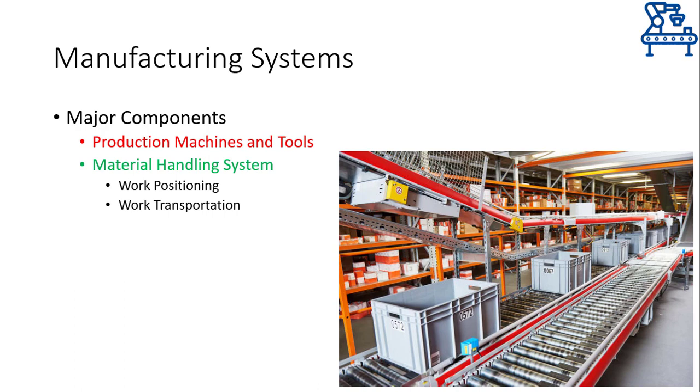These systems are responsible for a variety of tasks ranging from work positioning to work transportation. Work positioning here means to correctly orient and move the work unit for loading and unloading it from the production machine or tool, whereas work transportation encompasses movement of work units between two workstations or between a workstation and a storage warehouse.